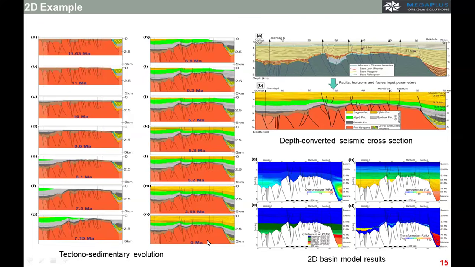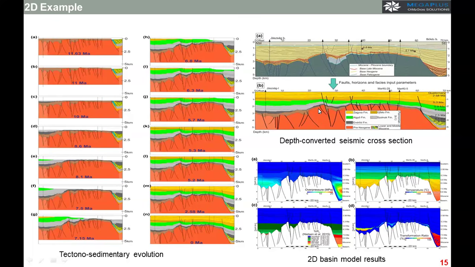After that, at 0 million years, this is the current time, we ended up with the one coming from the interpretation of the geophysicist. Actually, the geophysicist gives you this final step at 0 million years, the interpretation at the current time.